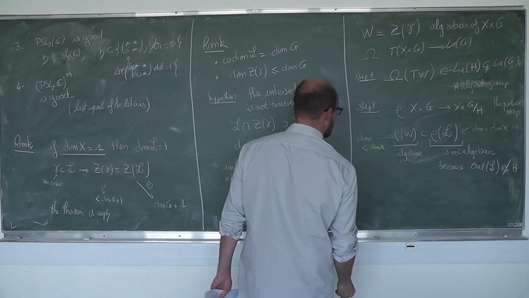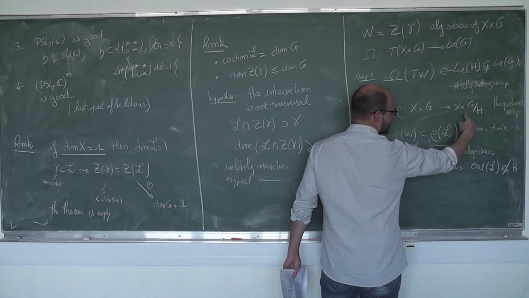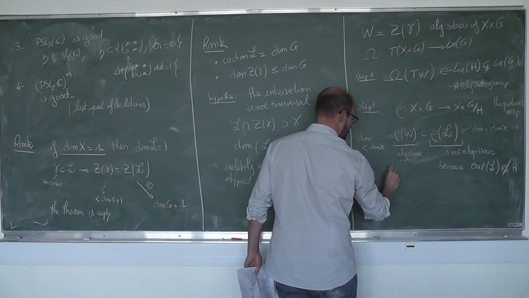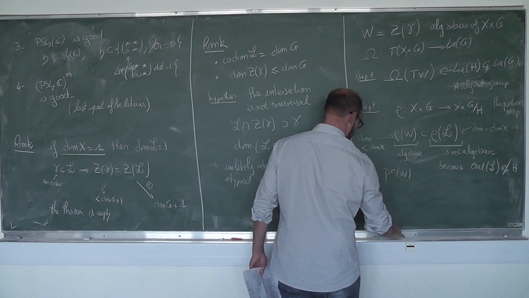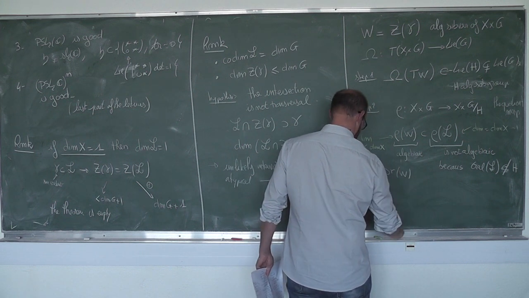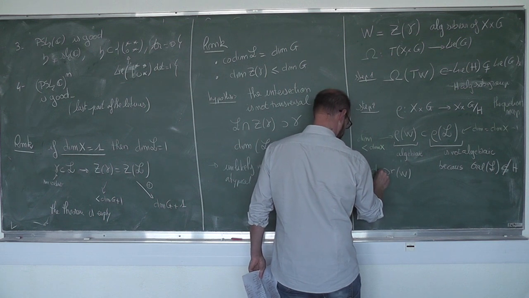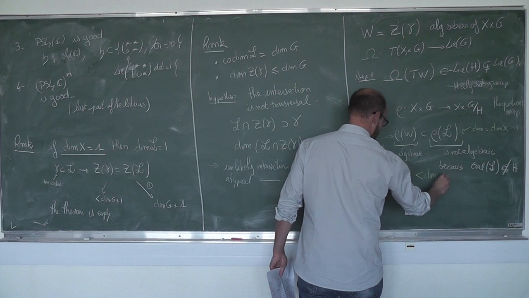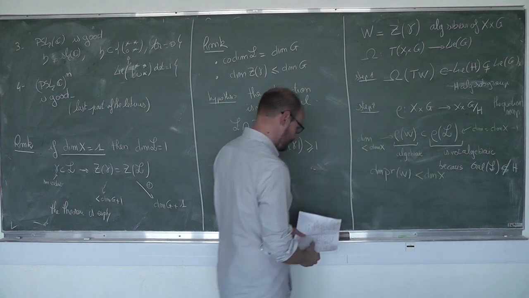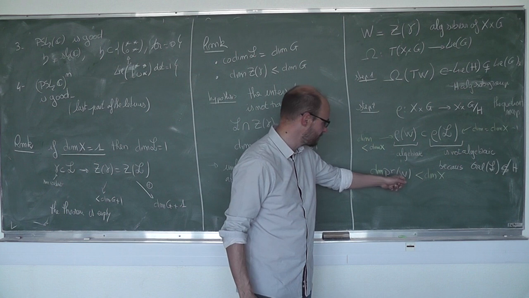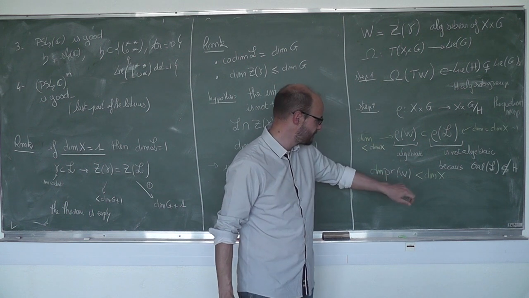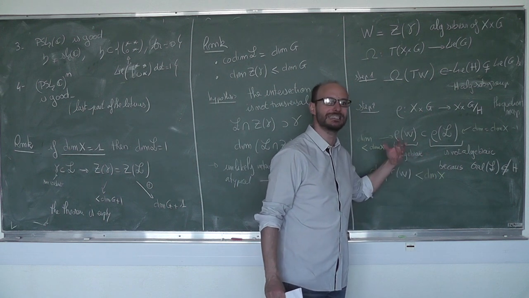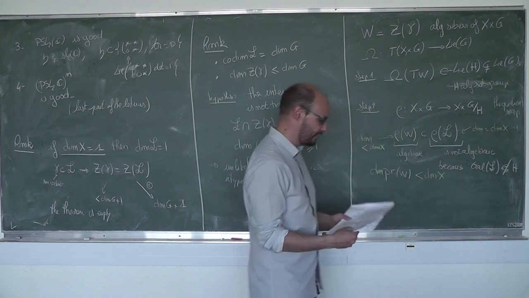And now, because this projection can be followed by the projection on X, the dimension of the projection of W is strictly smaller than the dimension of X. And we prove what we want, as this is a projection of an algebraic subvariety by an algebraic map. If it has a strictly smaller dimension, it means that it is included in a strict algebraic subvariety.